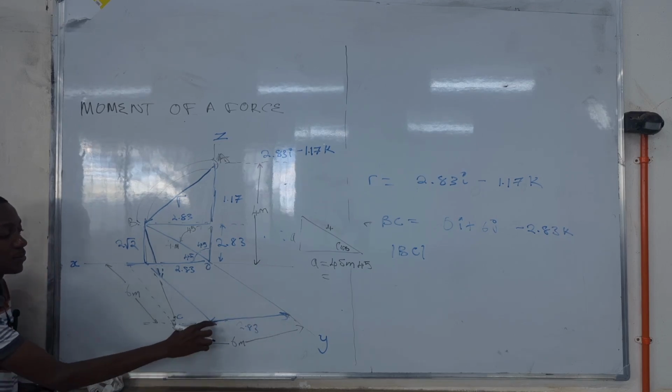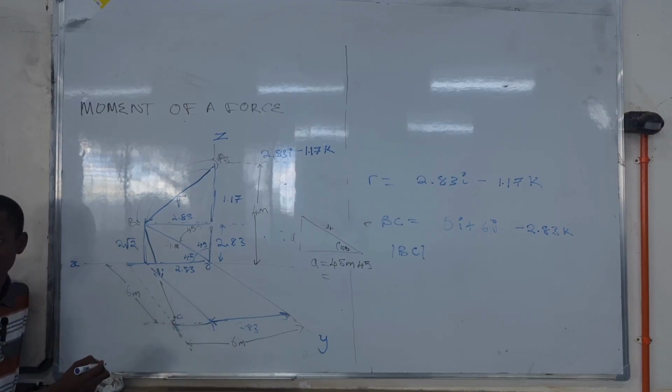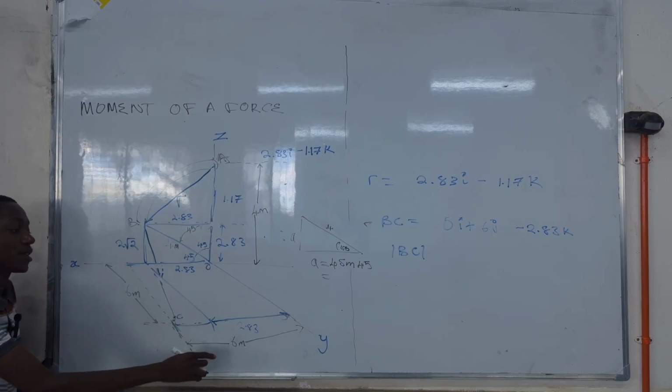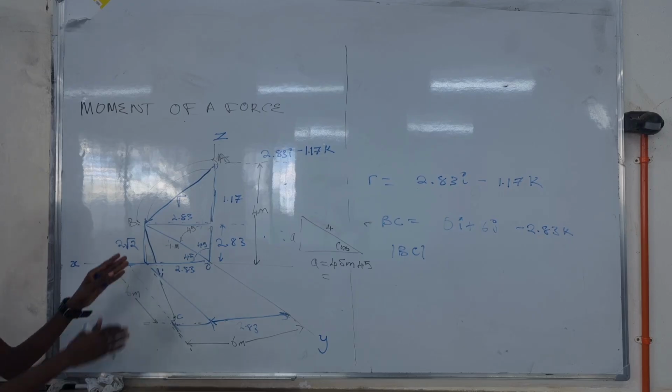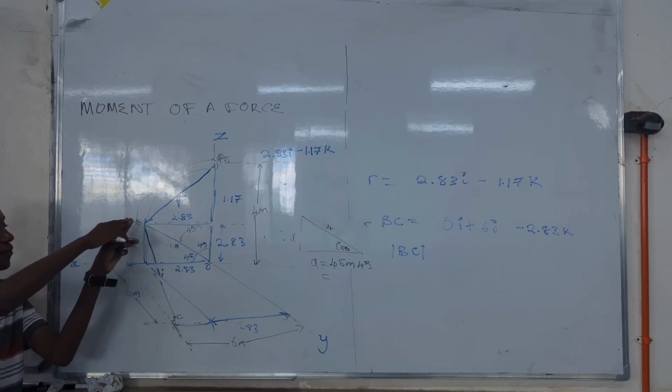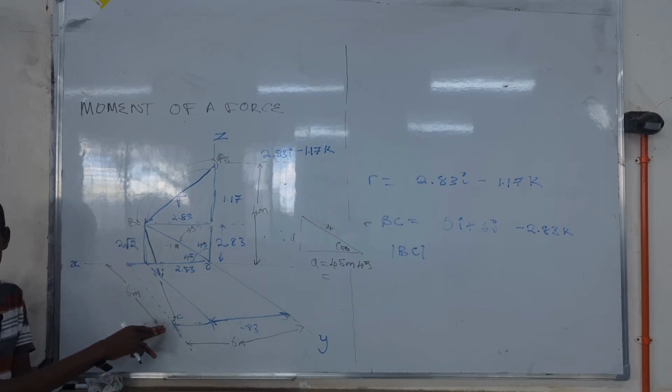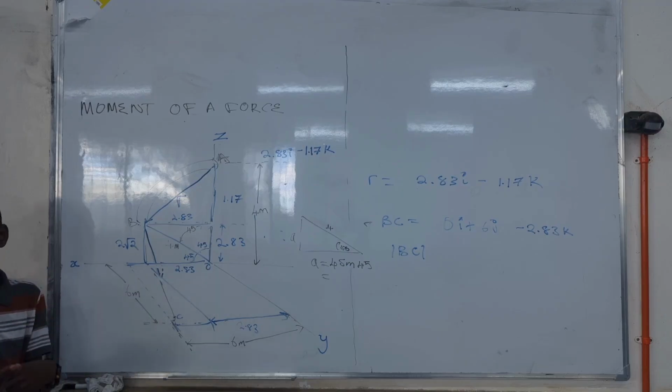Now the distance we are only interested in is the remaining distance here. Okay? So now we just have to subtract this distance from 6 so that we get the remaining distance. But if you're behind, just get the coordinates for B, get the coordinates for C and subtract. Oh yeah.